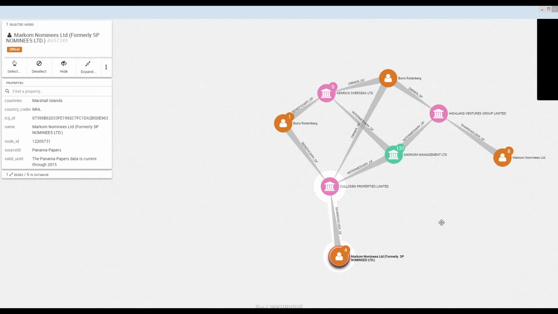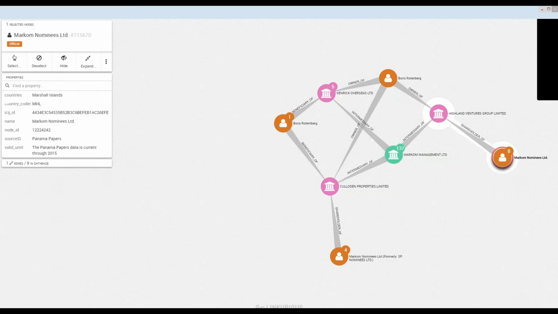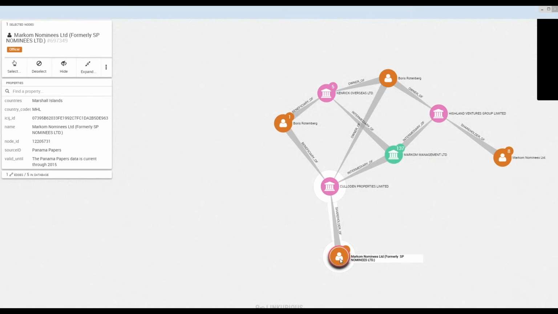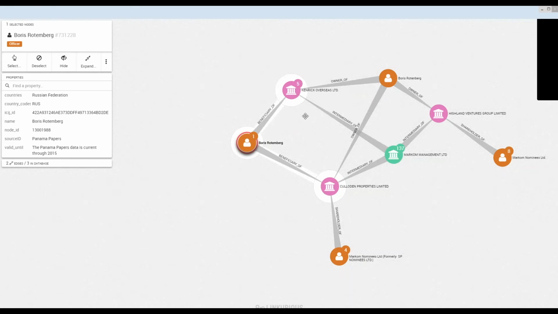This is a problem of data integrity here, as the Panama Papers data contains some duplicates. And we can see that this Markham Management Limited here, this one and this one are probably one and only entity. What's interesting is that another Boris Rotenberg has appeared. So this is something of interest. We are going to be exploring that.